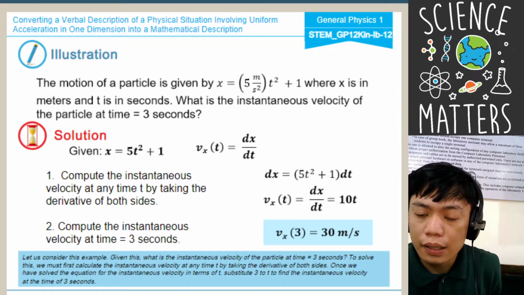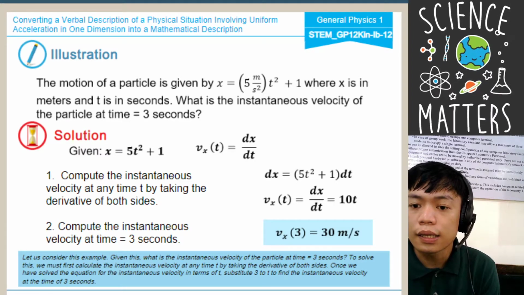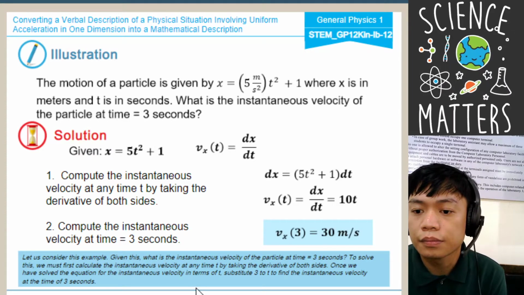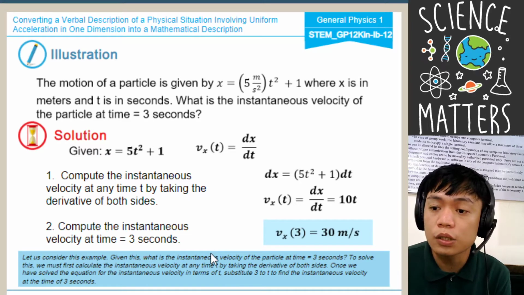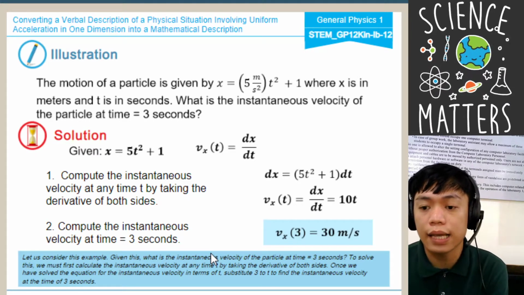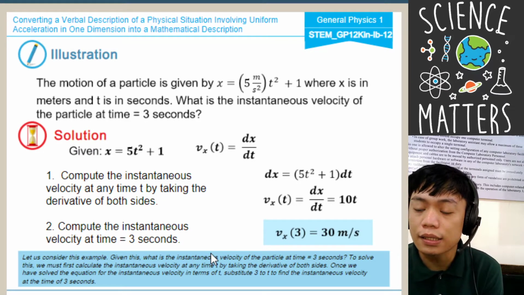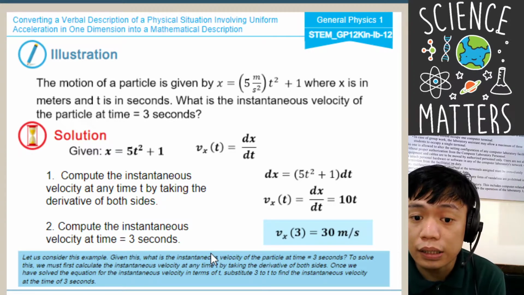Okay, going back to this problem, let us read it again. The motion of the particle is given by x is equal to 5 meter per second squared multiplied by time squared plus 1, where x is in meters and t is in seconds. Now, the question is, what is the instantaneous velocity of the particle at time 3 seconds?